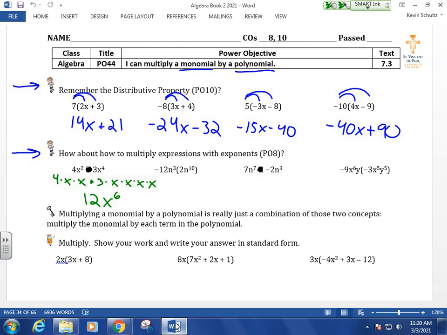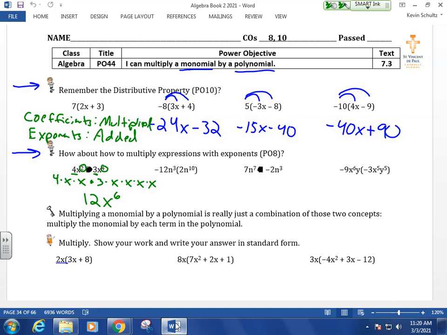This whole part of PO8, multiplying exponent expressions together, would be a great thing to put on a help sheet. Your basic strategy is that coefficients are multiplied and exponents are added. To multiply exponent expressions, those coefficients are multiplied, like we did with the 4 and the 3 here, and the exponents, the 2 and the 4, get added.